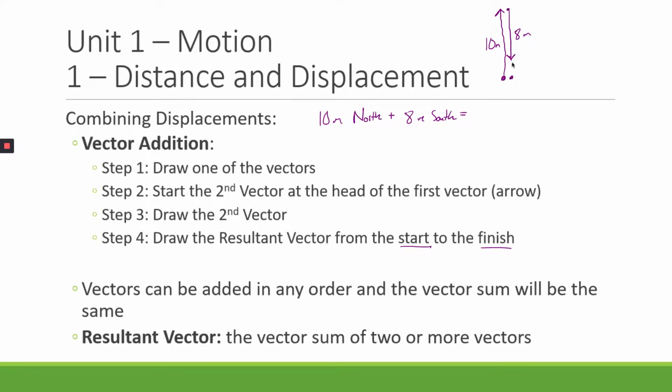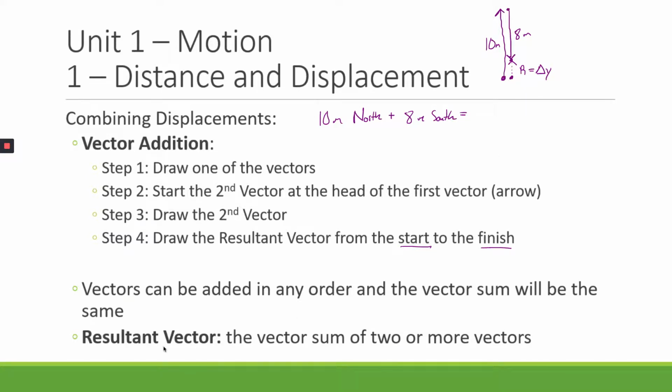So from the start to the finish, we need a vector. I usually do these as dotted lines. I'm going to call that R, or delta Y, because we're in the Y dimension, right? So our R is our displacement, our delta Y. So why did I call it R?